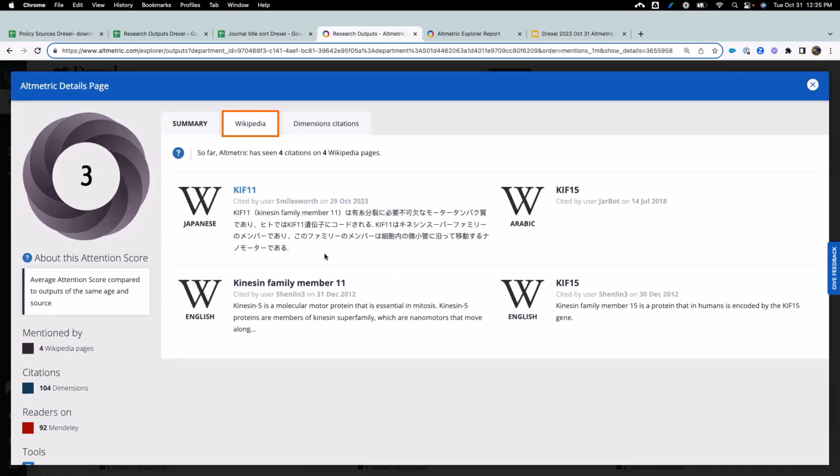It's been cited in the Japanese version of Wikipedia in this kinesin family member 11. It's a type of protein, I guess, in the Japanese Wikipedia. So there you go. Who knew? So that's kind of an interesting one.